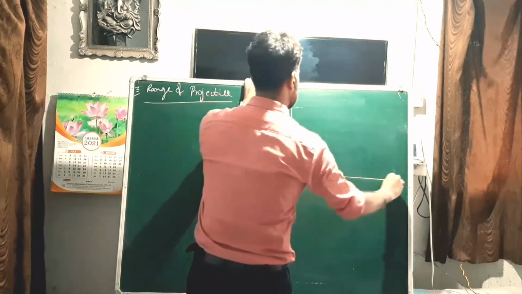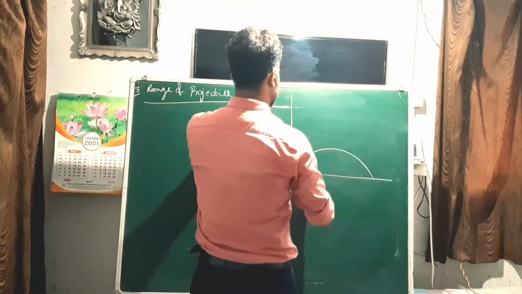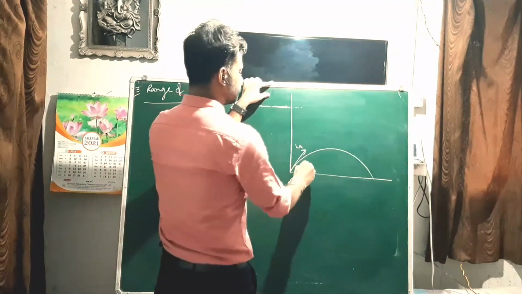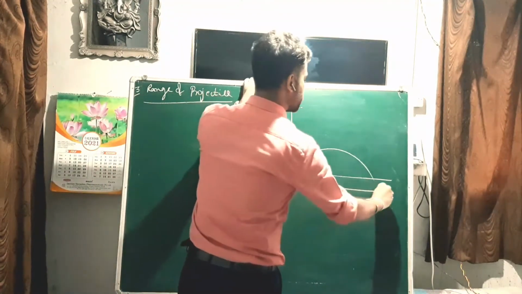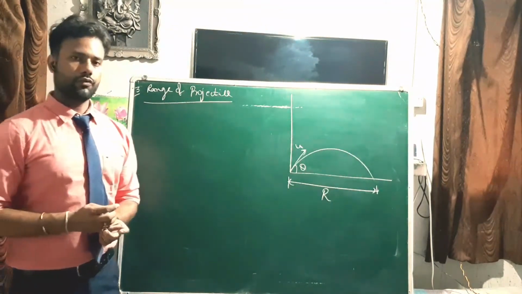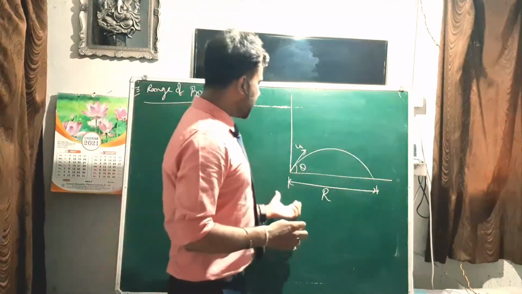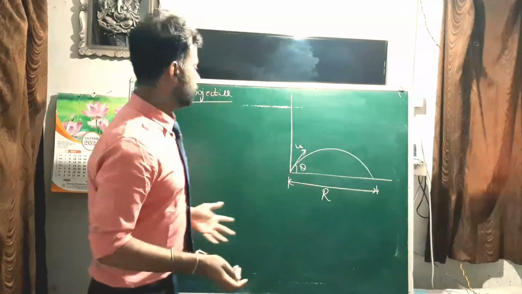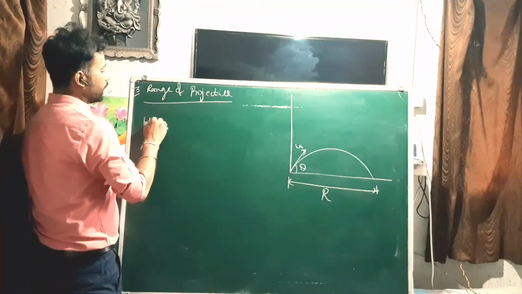Like this is the projectile motion, okay? Projected with the velocity u at an angle theta. This distance is regarded as r, the range of the projectile. So here we are calculating the horizontal distance, right? Horizontal range.